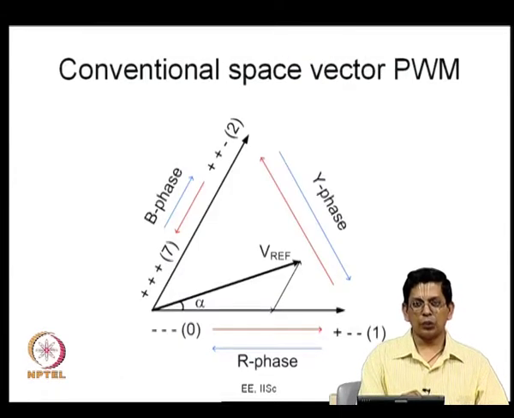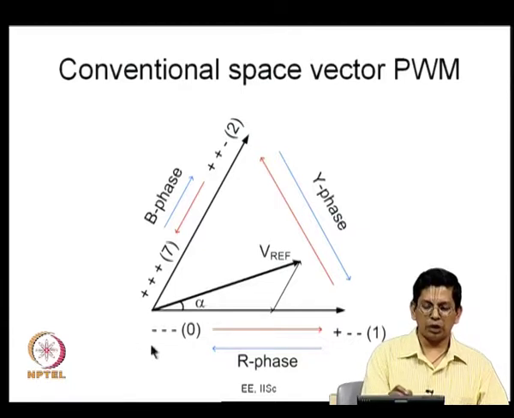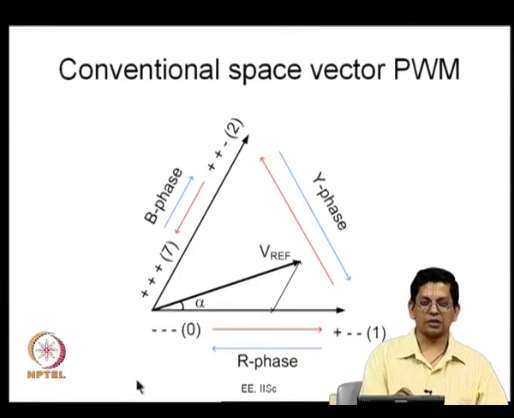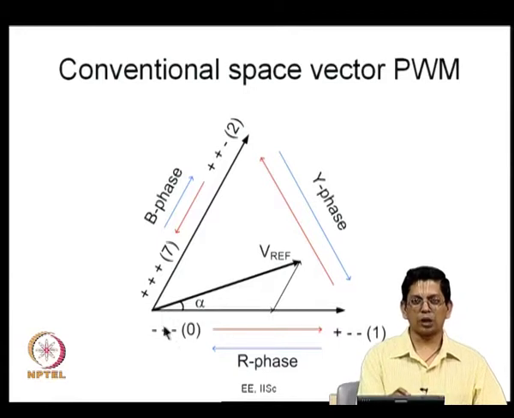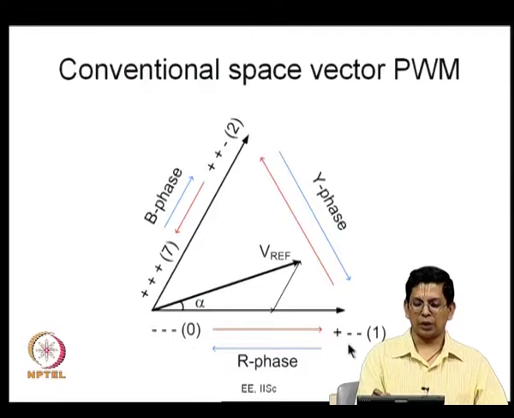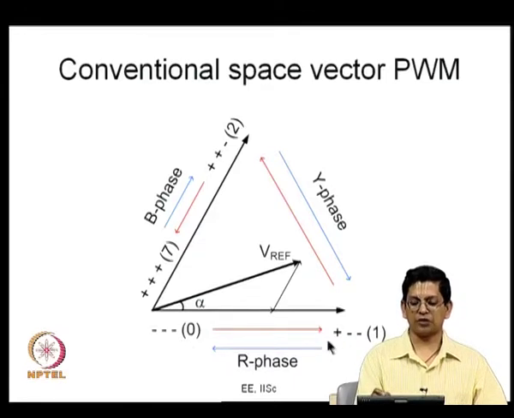So, now when you do this in conventional space vector PWM, what do you do? The null vector, you use both the null states. The null vector can be applied using two different 0 states, minus minus minus wherein all the bottom devices are on, and plus plus plus wherein all the top devices are on. So, let us say you start from minus minus minus, so all the bottom devices are on, you switch R phase after Tz by 2 seconds and you reach here, plus minus minus, this is active state 1.